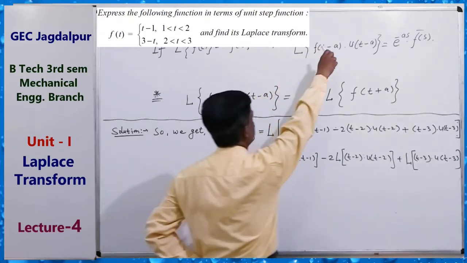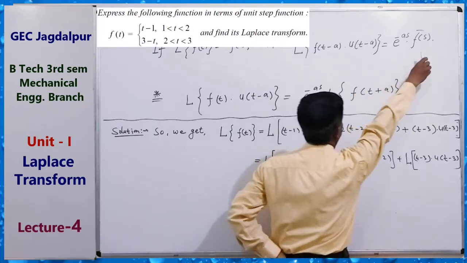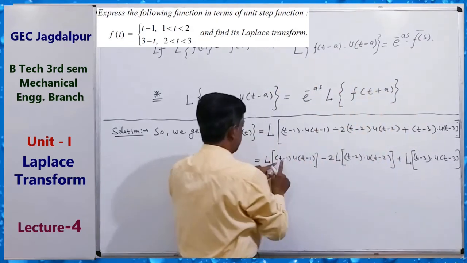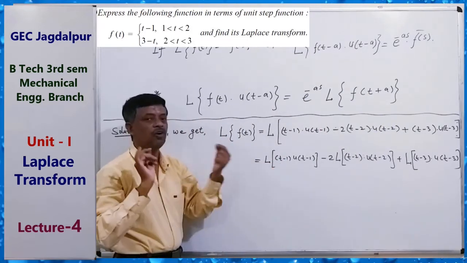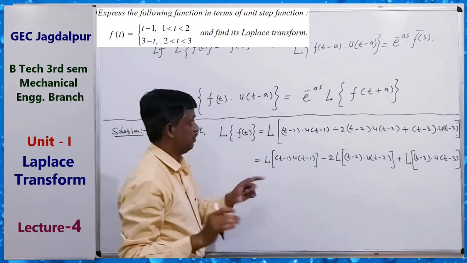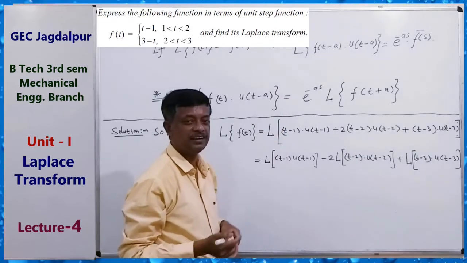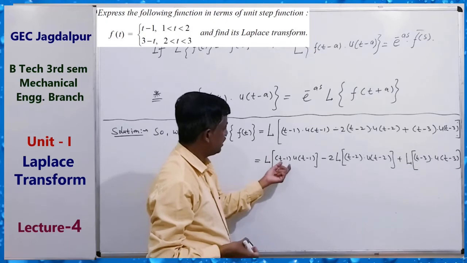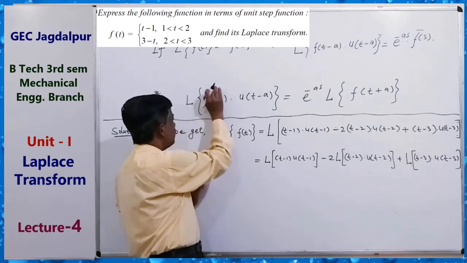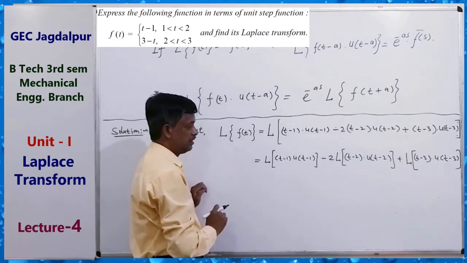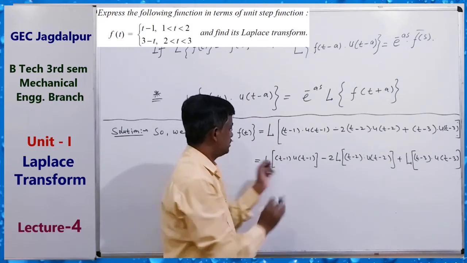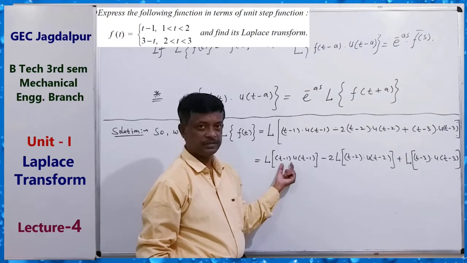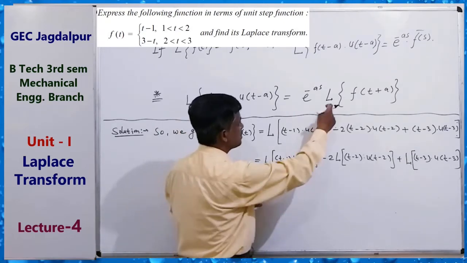Here we have f(t minus a), and f(t minus 1) means f(t) is only t. If you use this formula, then consider f(t) equal to this. Then the Laplace transform is e to the power minus as times the Laplace transform of f(t plus a).